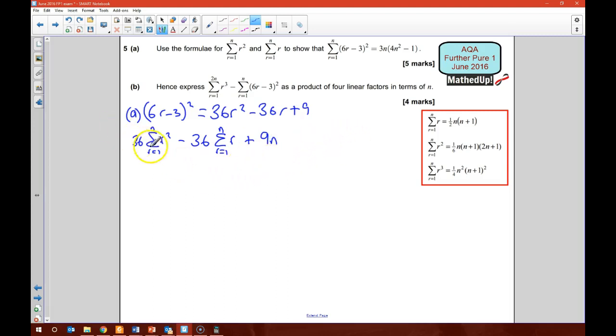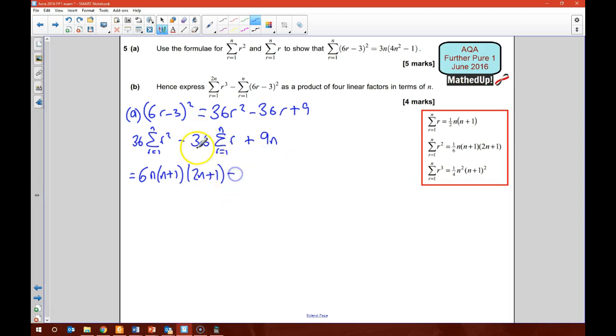Okay, so I now need to, because I know the summation of r squared is equal to this over here, I'm going to do 36 times 1/6 n times n plus 1 times 2n plus 1. So 36 times 1/6 is 6, n times n plus 1 times 2n plus 1.